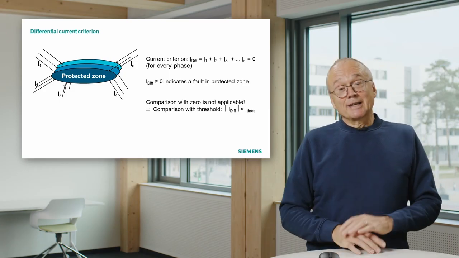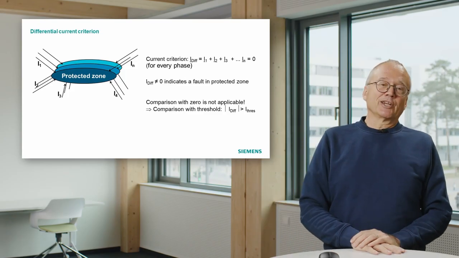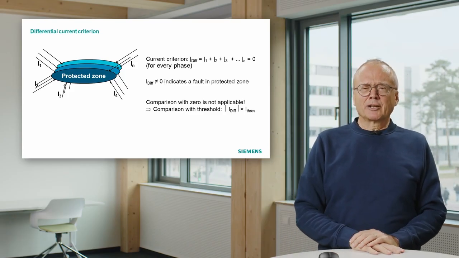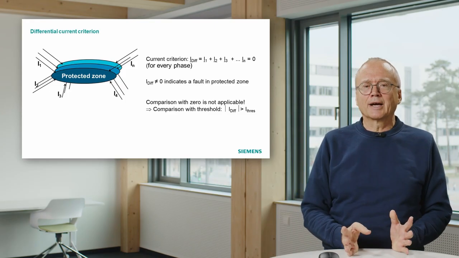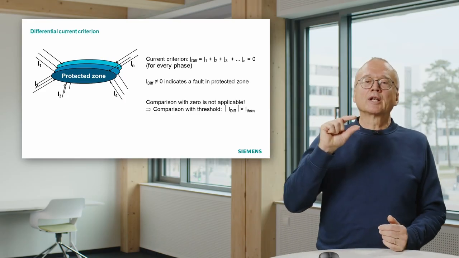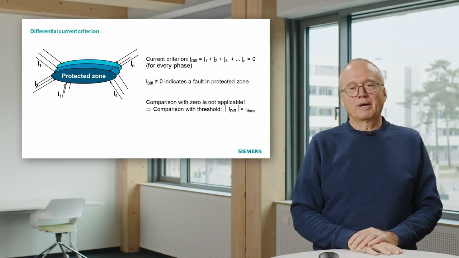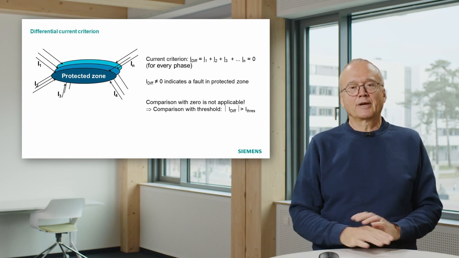You may realize in this context, just comparing a measured current with 0 and saying, okay, as soon as it is unequal to 0, there is a fault, is not a good idea. Of course, in real life, we must always compare it with a certain tolerance, with a certain threshold value.